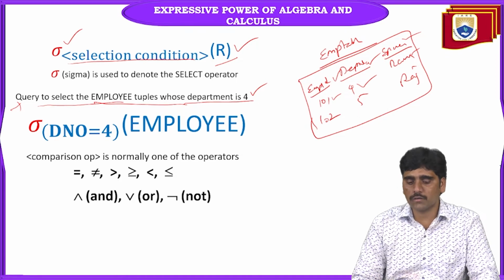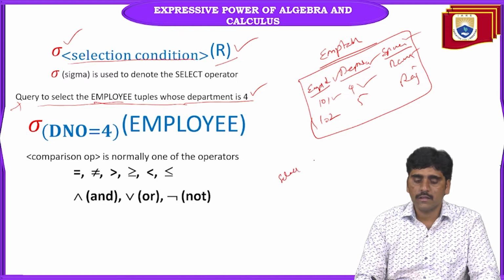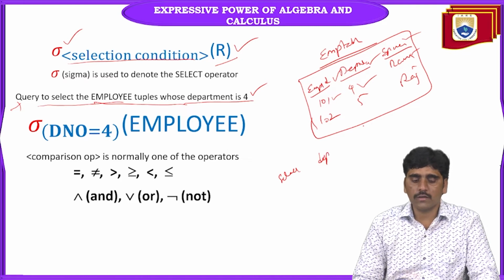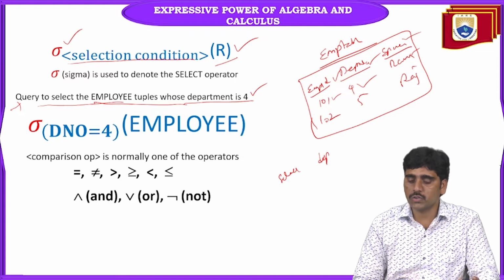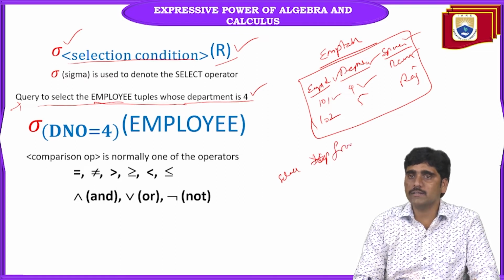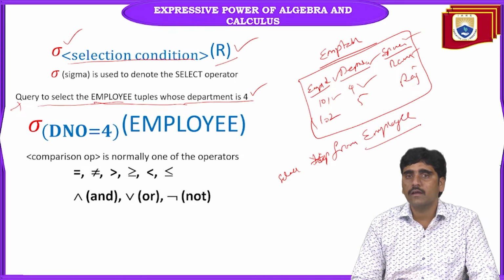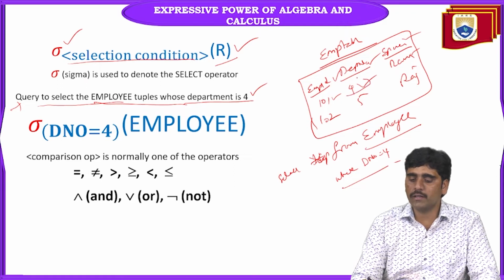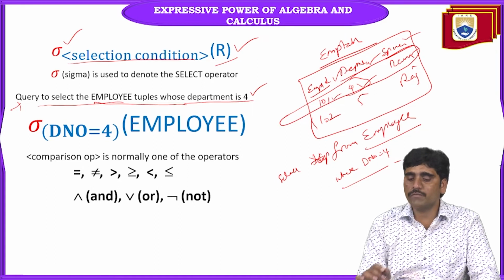Generally I can write the procedural query like this: select star from the employee table, where department number equals 4. Where the department number equals 4, all the tuples of the department number 4 employees will be displayed.